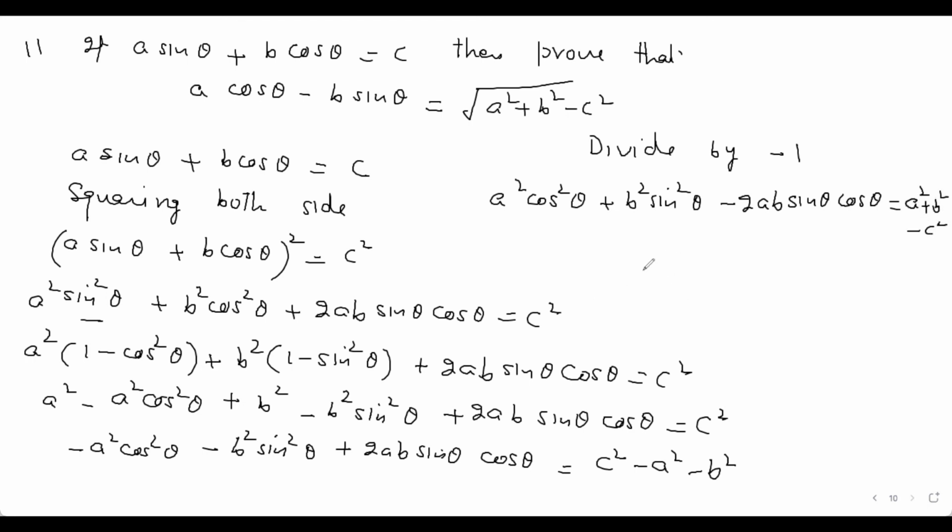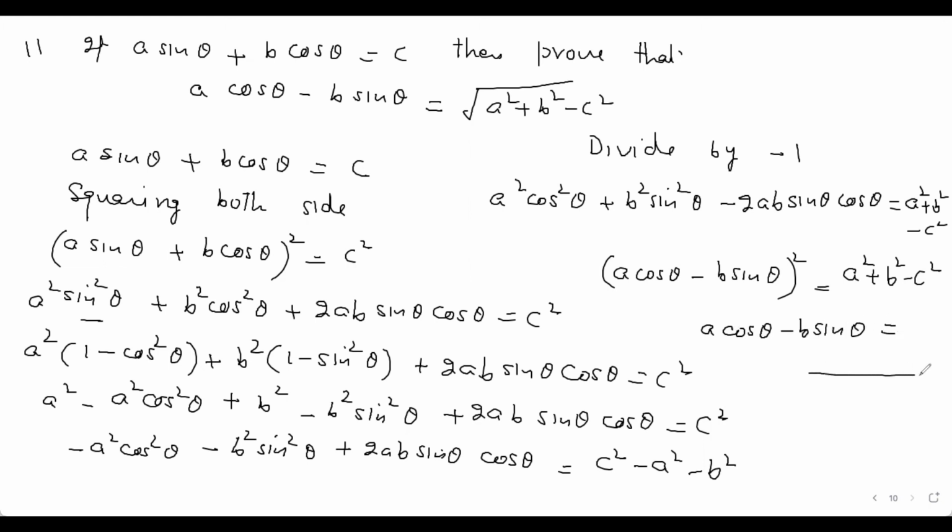It means this is an identity: (a cos theta minus b sine theta) whole square is equal to a square plus b square minus c square. It means a cos theta minus b sine theta is equal to root a square plus b square minus c square. This is what we want to prove.